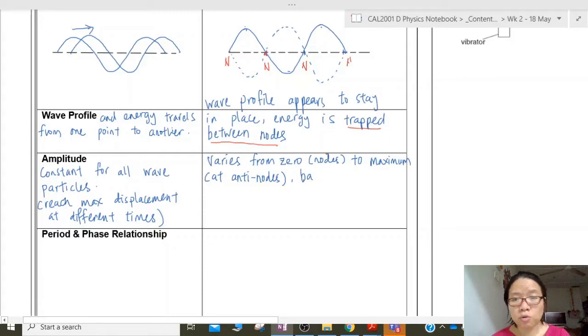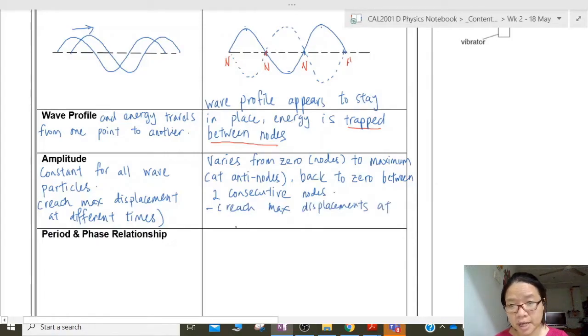Okay, and then it goes back to 0. So from node to antinode to node. So 0 to maximum, back to 0. Okay, this one is between 2 consecutive nodes. All right, and then they reach maximum displacement at the same time.